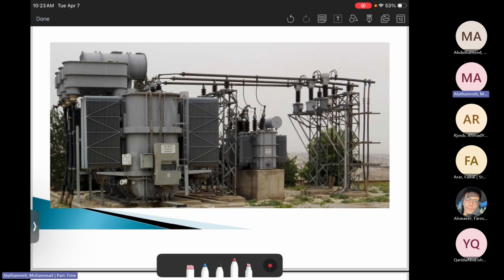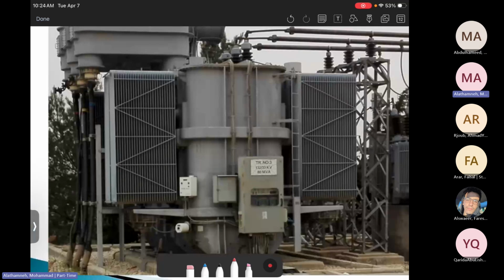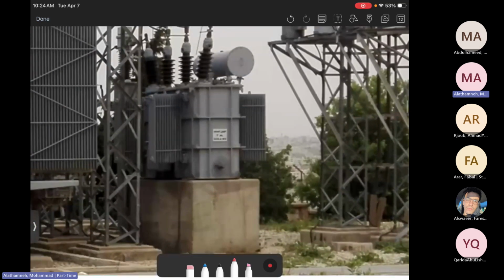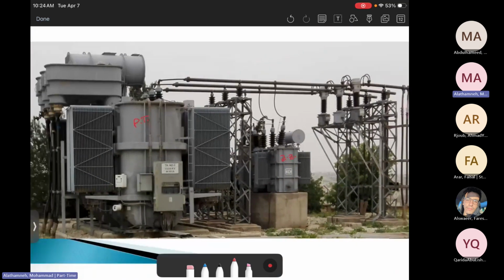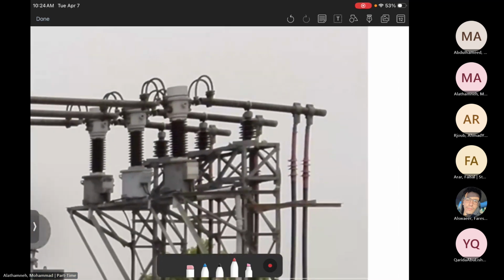I took it by myself when I was with NIPCO. This is the power transformer, PT. This small one is the zigzag transformer. So it's very important when you look at it to distinguish where the zigzag transformer is and where the power transformer is.